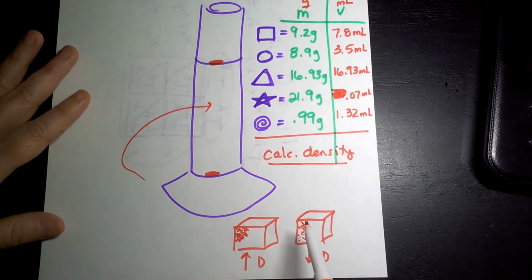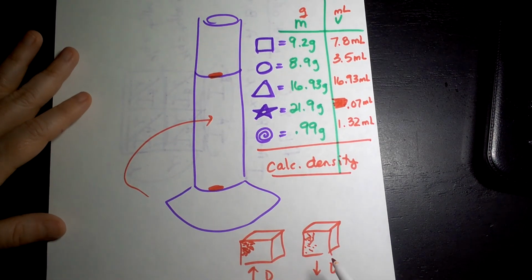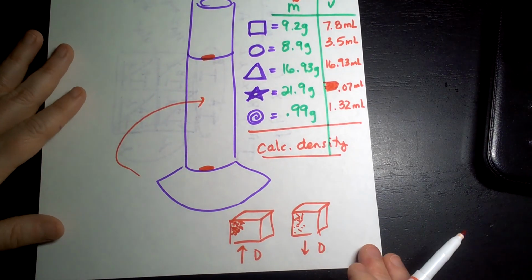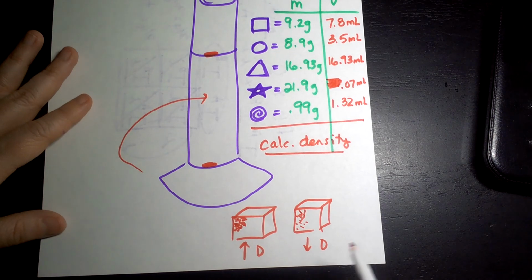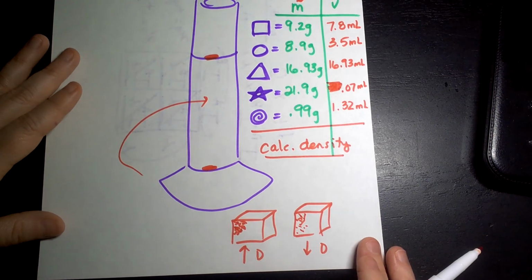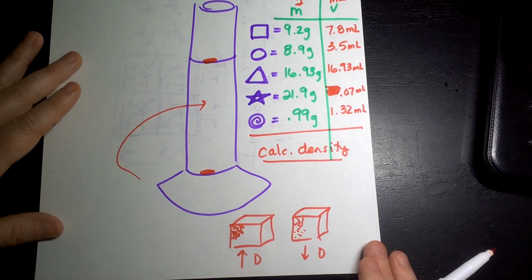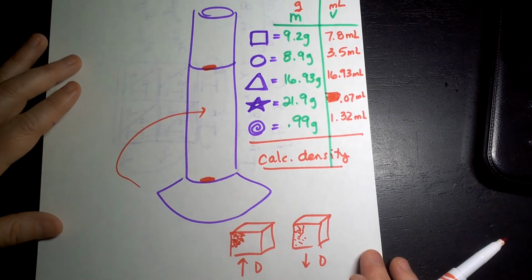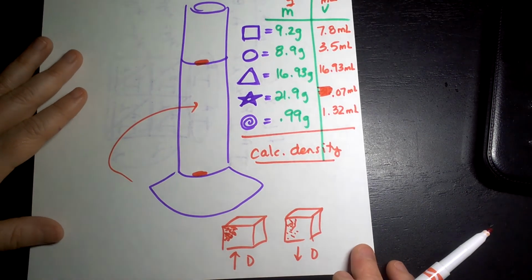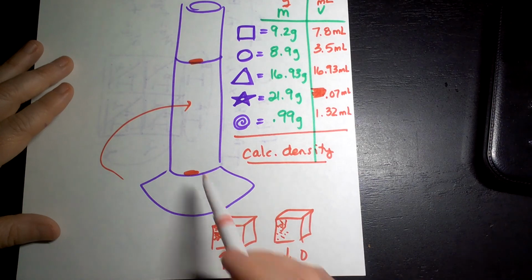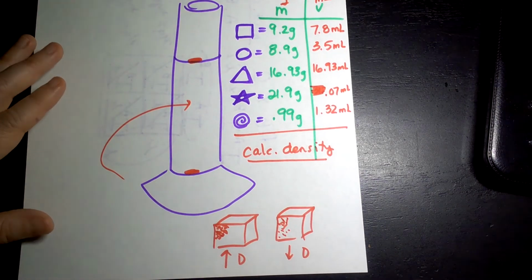And we'll talk about our human body, like how dense we are and what happens to us in the water, because some of us float and some of us sink. And it has to do with how much muscle we have in our body and the water that we float in. All right, so do your calculations and put them in your test tube, and I'll see you next time.